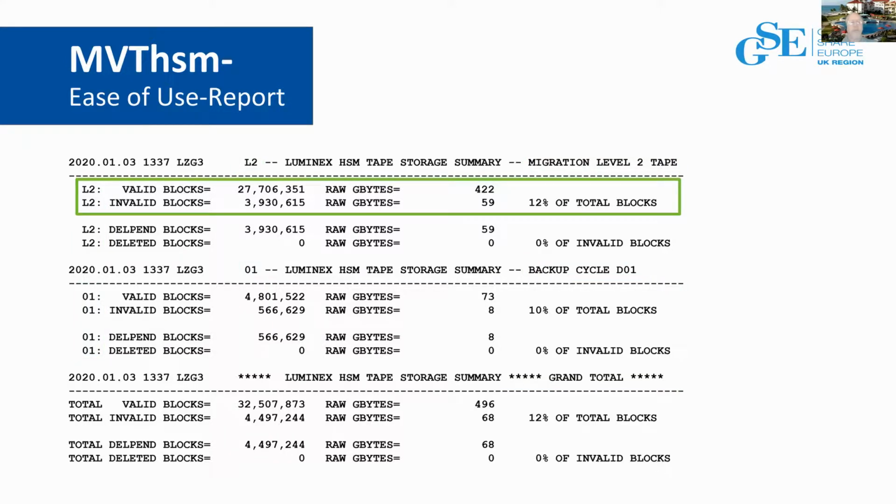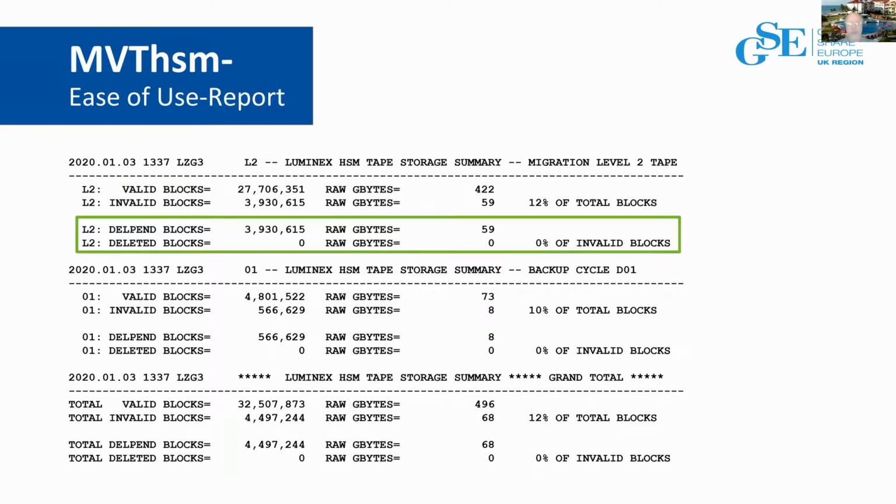So when you run this report the first time in sim mode, most likely you'll want to do your entire level 2 tape storage, but maybe you want to do a subset, maybe only your test data sets within your level 2. You would see the total amount of gigabytes held by valid and the total amount by invalid. Your delete pending would be all of the deleted because you had not run this off-host recycle process before.